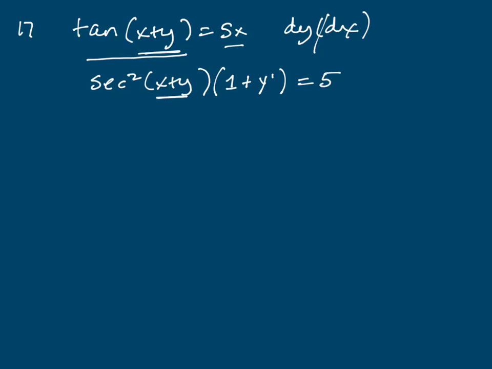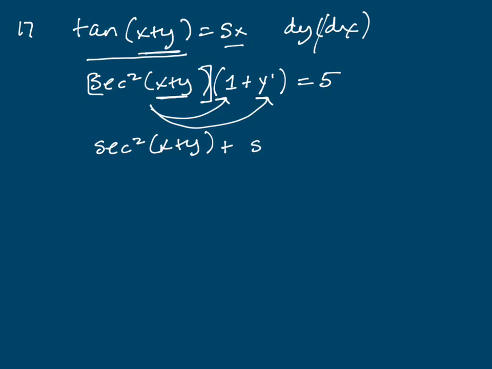All right, so now this is just like one term, so you can understand that, right? It's just like secant squared x. So we're going to distribute this so that we can take a y prime out. So we got secant squared (x plus y) plus secant squared (x plus y), this was times 1, but I didn't say it, times y prime equals 5.